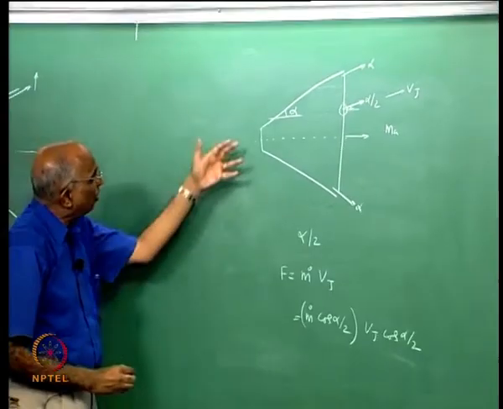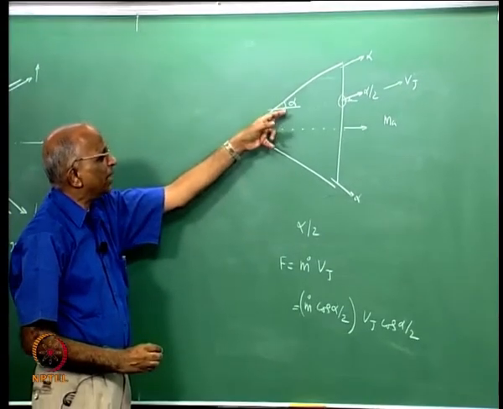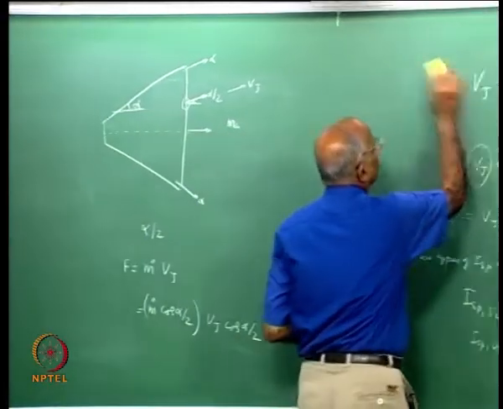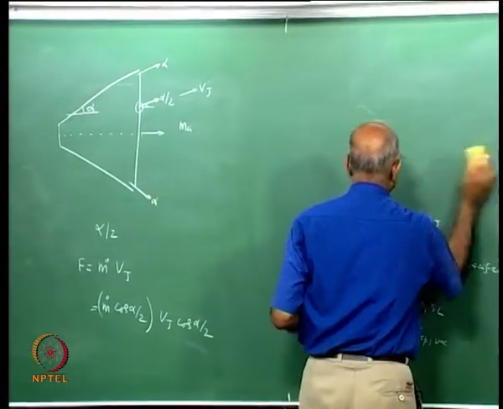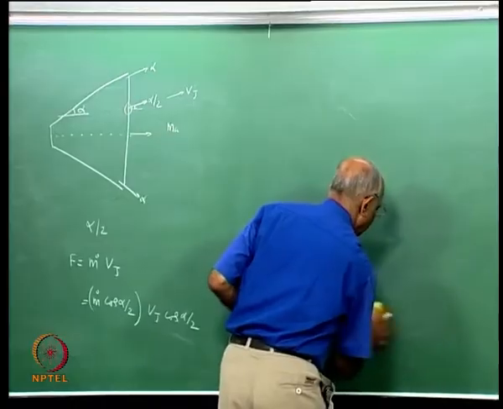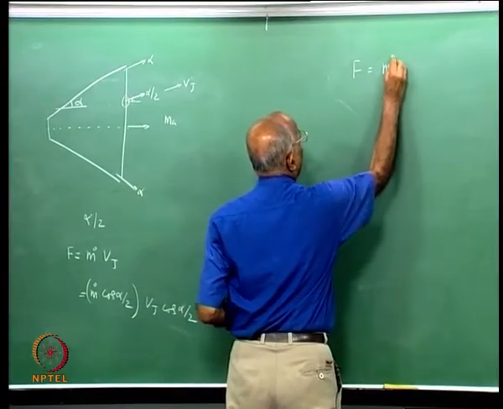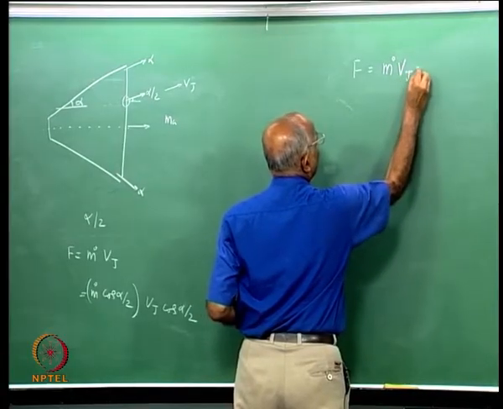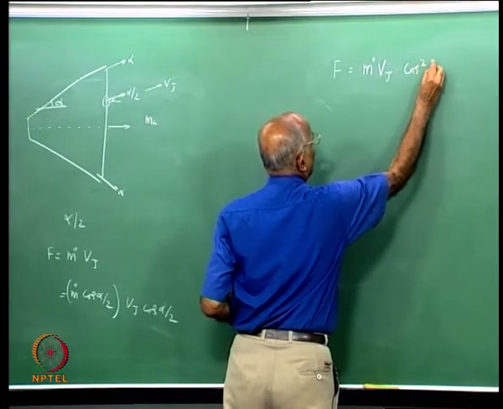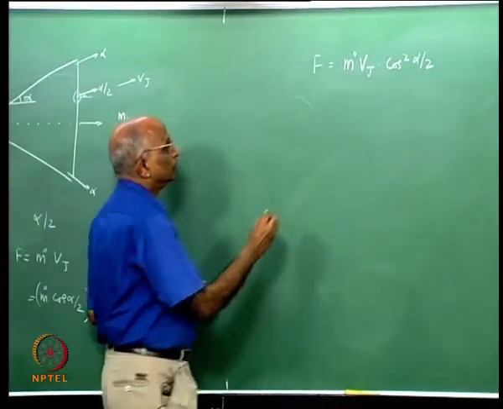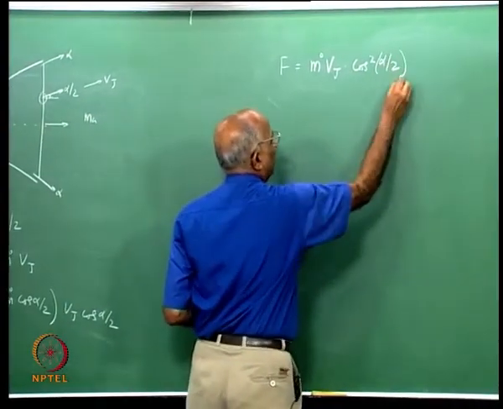Therefore, the thrust due to the divergence being at an angle alpha will be F equal to m dot Vj cos squared alpha by 2. Please be with me.